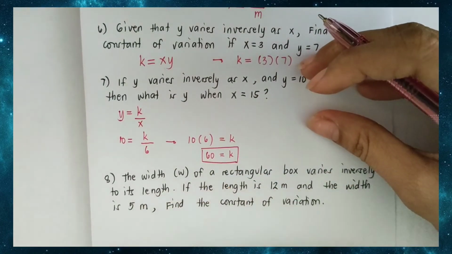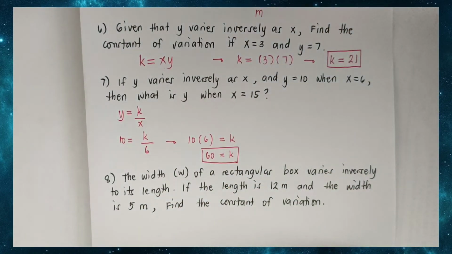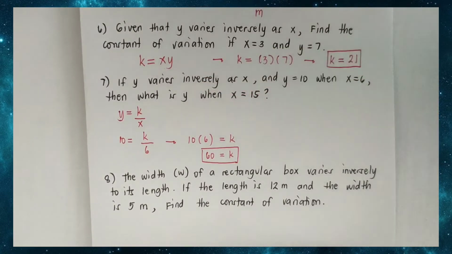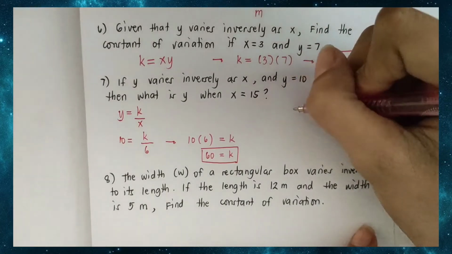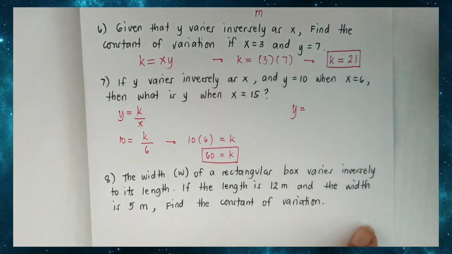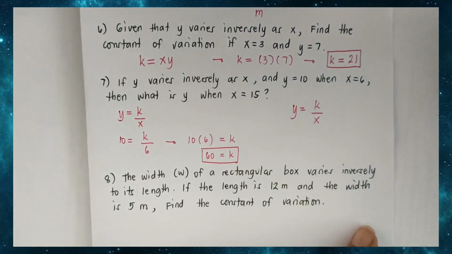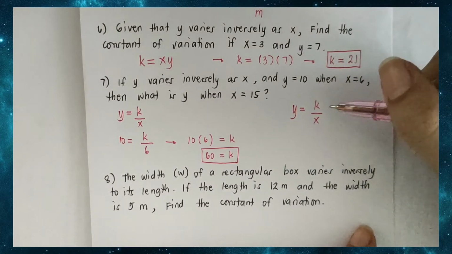Since we got the k value, we can now proceed with the next problem. We need to compute for y when x is equal to 15. So using the formula y is equal to k over x, we will substitute for the value of k, which is 60.